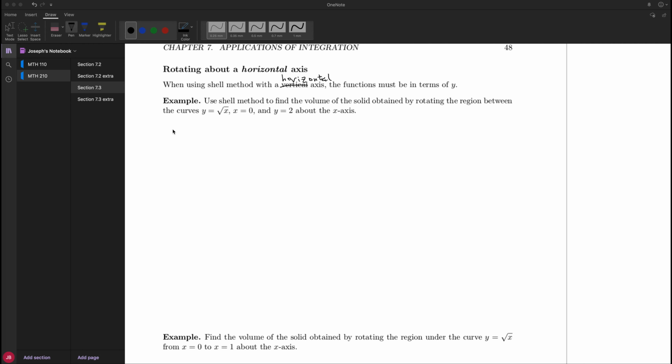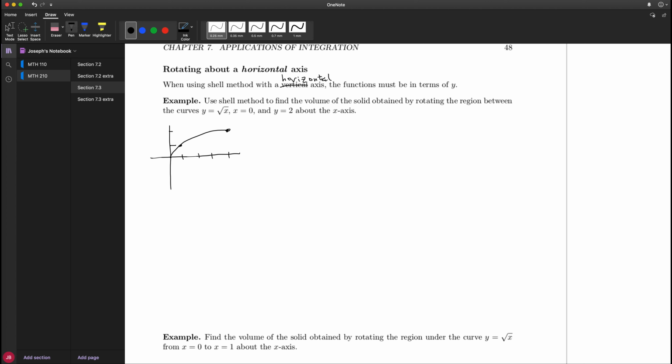To get a picture of this function, the first thing we're going to do is graph it. This is y equals root x, and if you plug in some x values, you'll find that 1, 1 is on there, and also 4, 2 is on the graph, as well as 0, 0. And so our graph looks something like this.